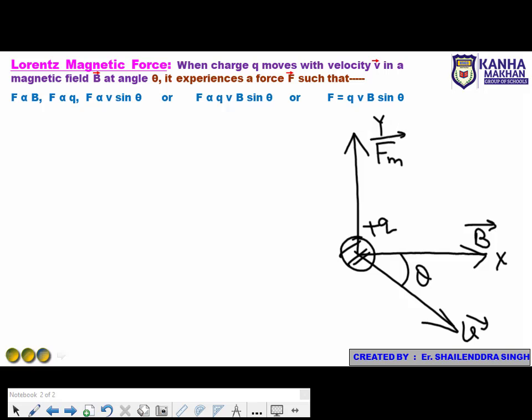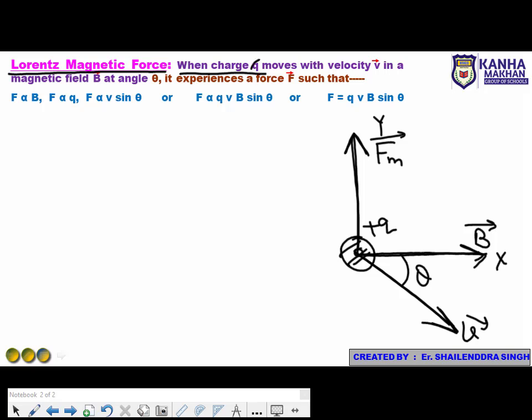How? According to Fleming's left hand rule, when you place your first finger and middle finger along the magnetic field and the velocity, your thumb must point along the direction of the force. This is Lorentz magnetic force.